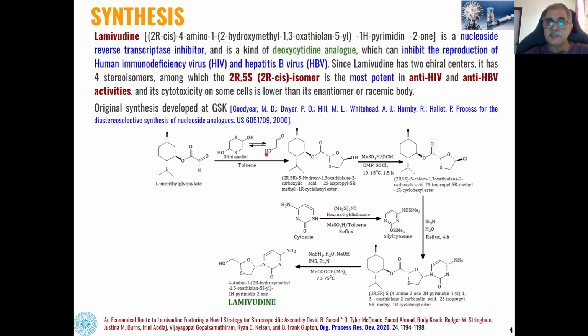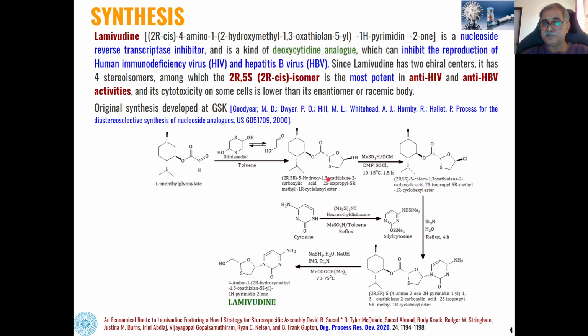So basically, this sulfur, because of the lone pair present on it, acts as a nucleophile and attacks the carbon of the carbonyl, and then this oxygen will acquire a negative charge and attack this electrophilic carbon, and this will go as O negative, and this will take up the proton from here to here, and this is how the cyclization will take place to give us these types of esters having a 1,3-oxathiolane ring.